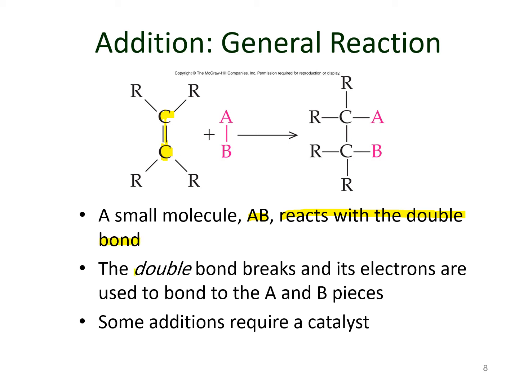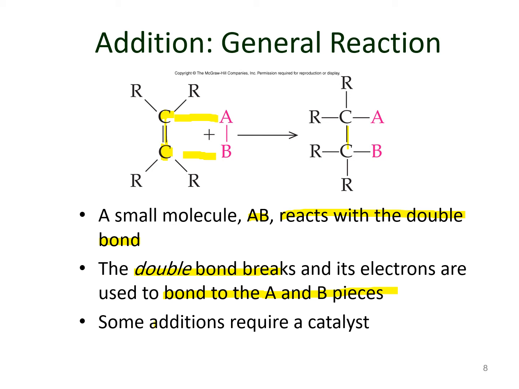The double bond will break and its electron will be used to bond to the A and B pieces. So this double bond will be broken and converted into single bond, as we can see here in the product side, and A will be added to one carbon and B will be added to the other carbon. So they make two bonds over there.